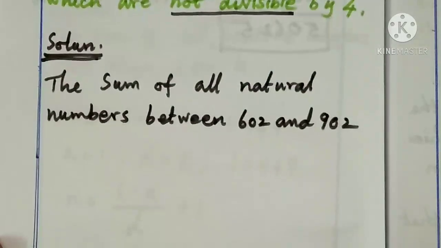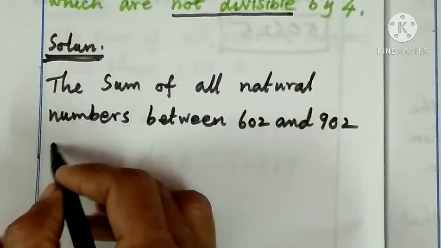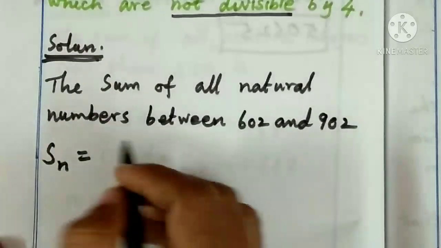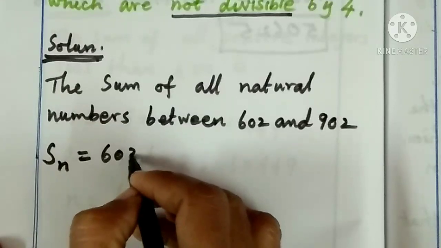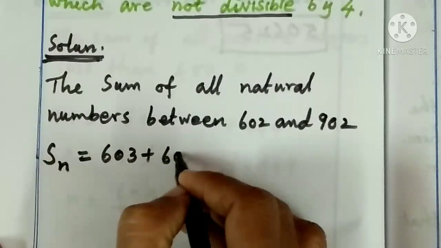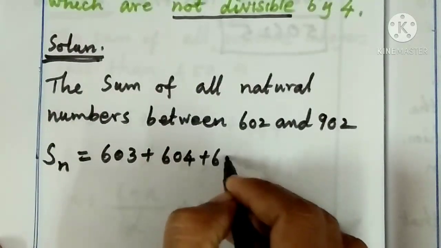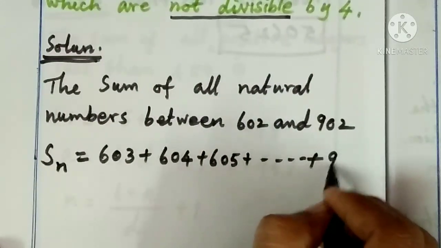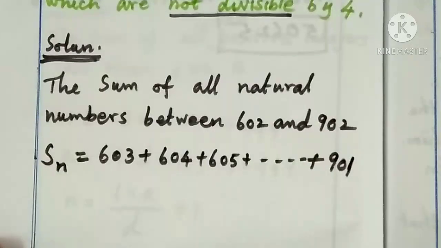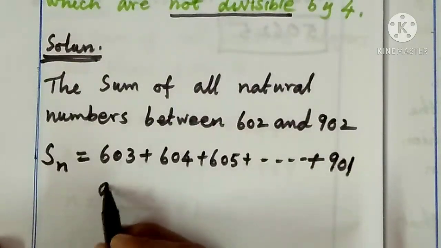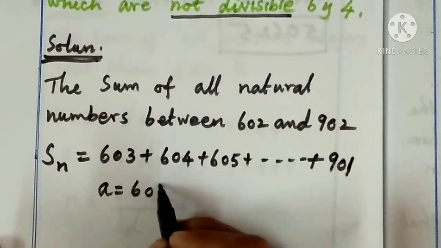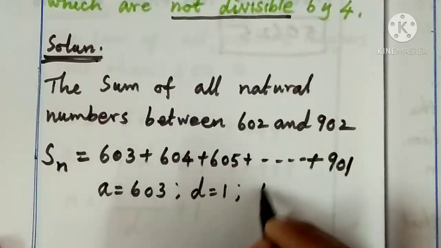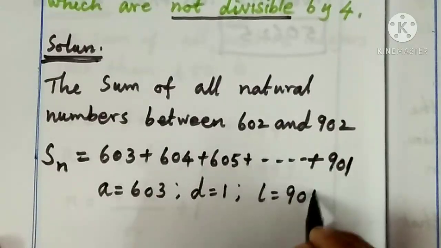It can be written as Sn is equal to 603 plus 604 plus 605 up to plus 901. Here A is 603 and D is equal to 1 and L is equal to 901.